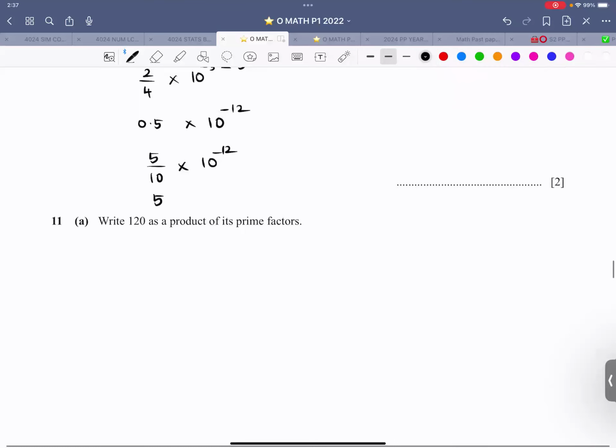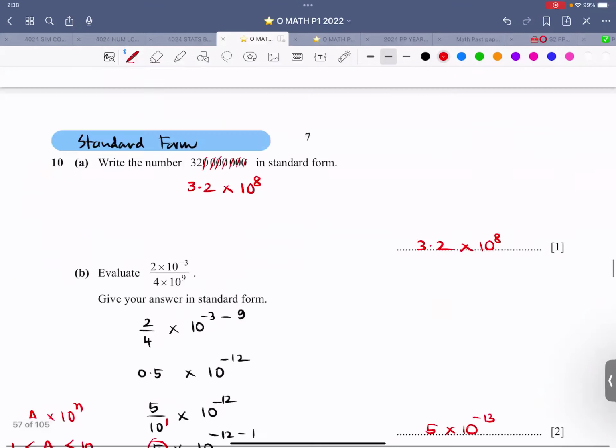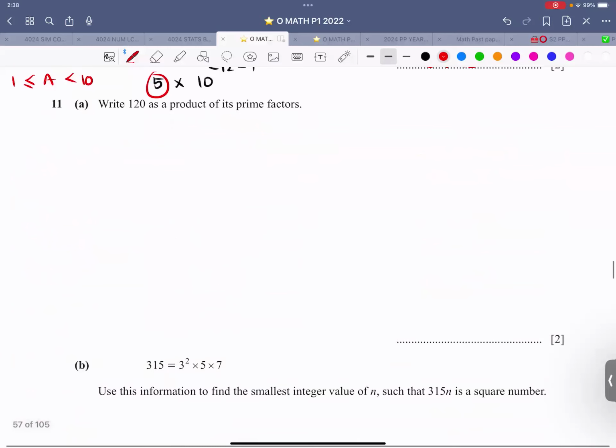That is 5 into 10 raised to power of negative 12, negative 1. This negative 1 comes from here. So this has to be a times 10 raised to power of n, where a has to lie between 1 inclusive, 10 non-inclusive. So this is 5 into 10 raised to power of negative 13. That is the answer. So standard form question is done.